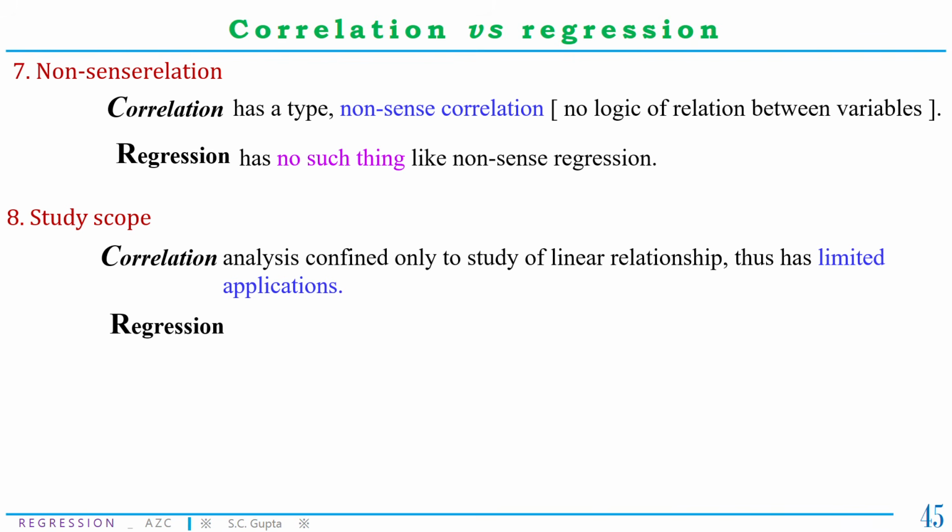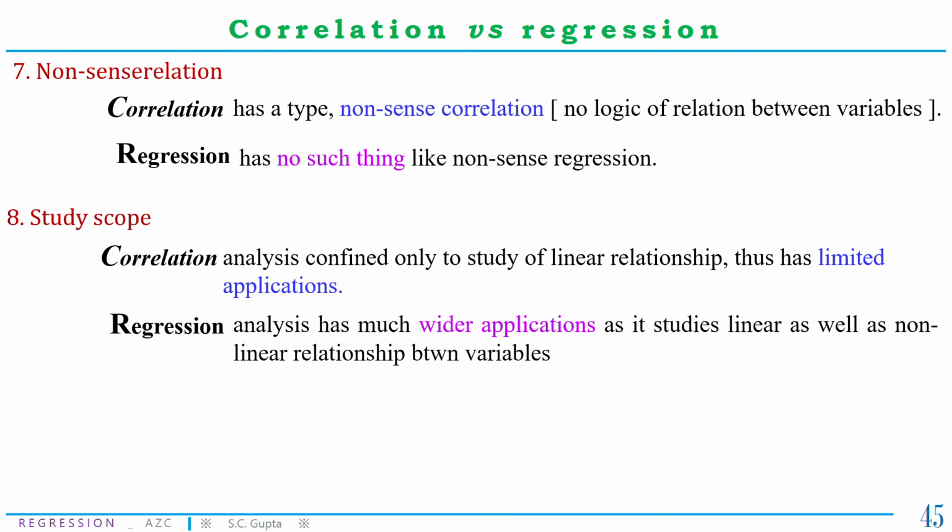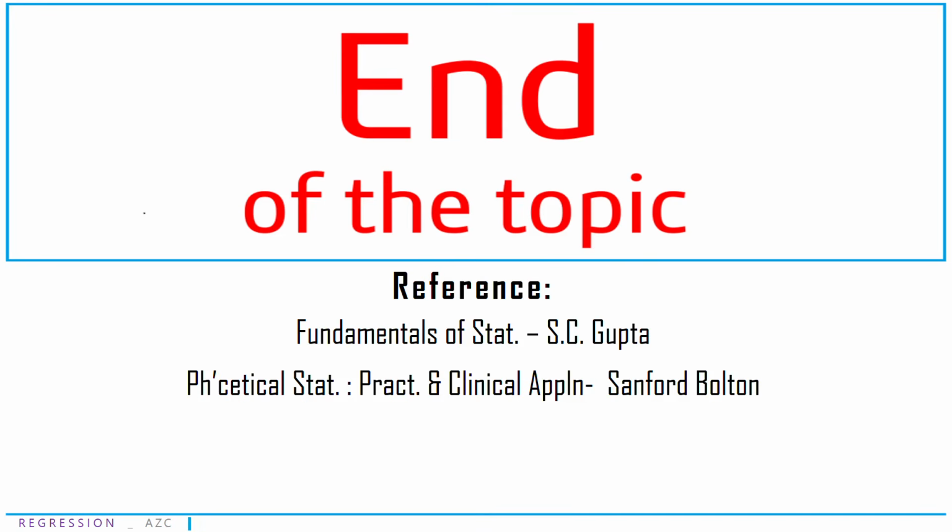Correlation analysis is confined only to the study of linear relationship, thus has limited applications, while regression analysis has much wider applications, as it studies linear as well as nonlinear relationships between variables. End of the topic of regression analysis.